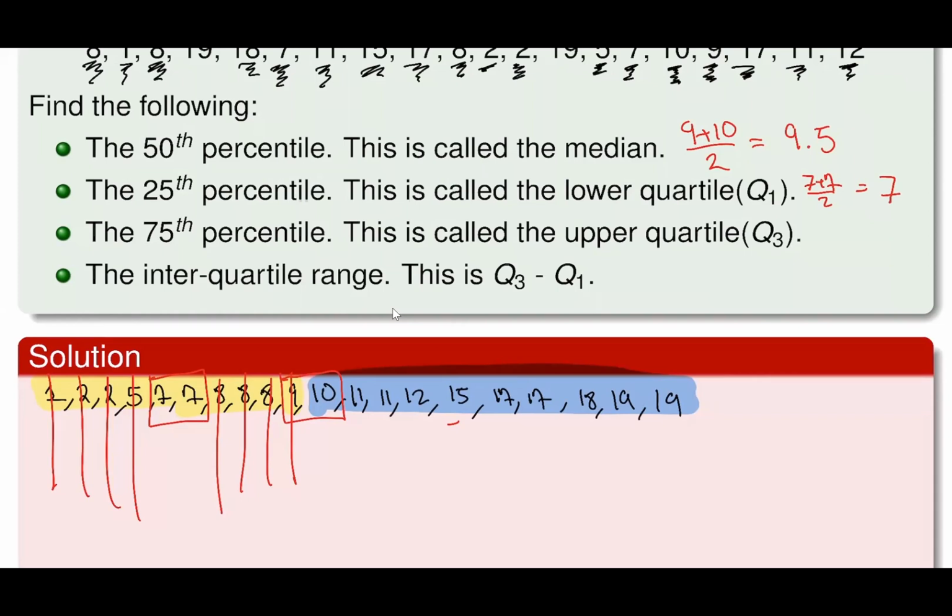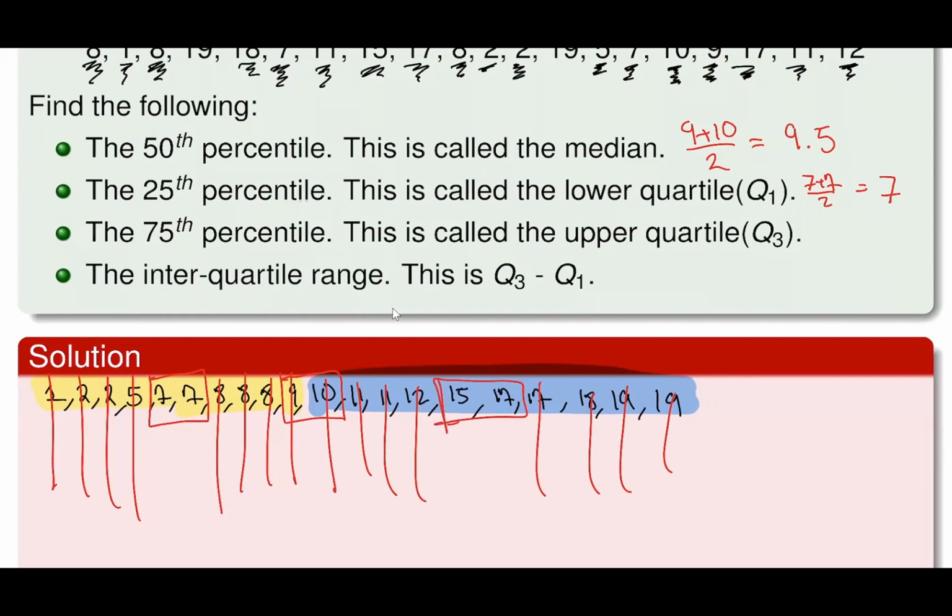All right, let's do quartile 3. Now I'm going to focus on the blue group. On the blue group, we will cross out the 10, the 19, 11, 19, 11, 18, 12, 17, and you get these 2 numbers in the middle.